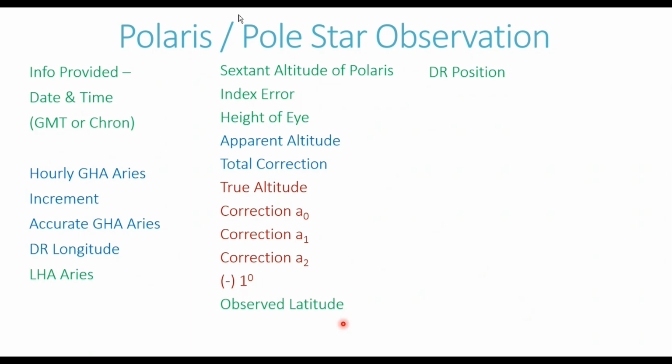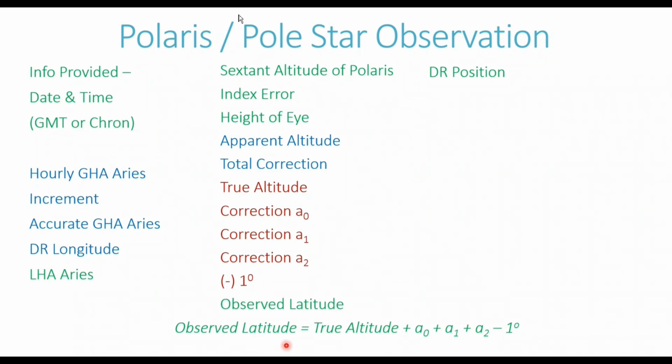So let me tell you how we find out whether it is the fixed latitude or the observed latitude, and how we draw the PL on the chart or our plot. For this, we will need to find out the azimuth of Polaris, the azimuth of the pole star. So let's see how we obtain the azimuth and then the PL.